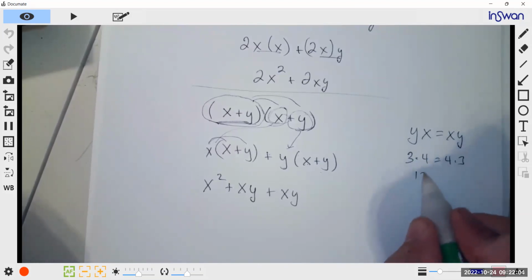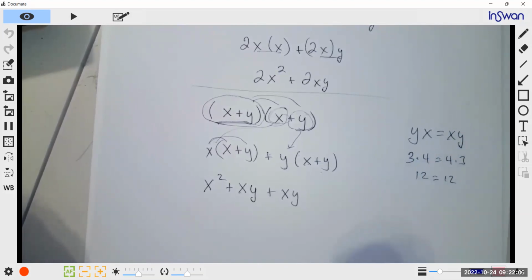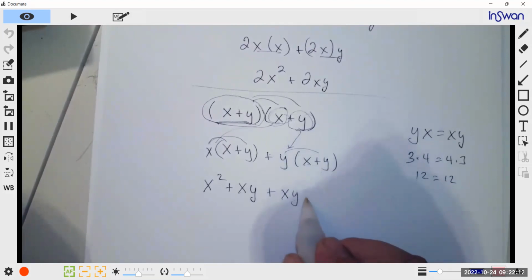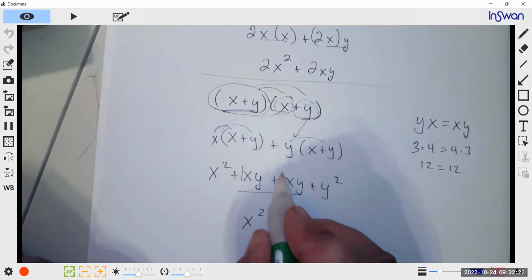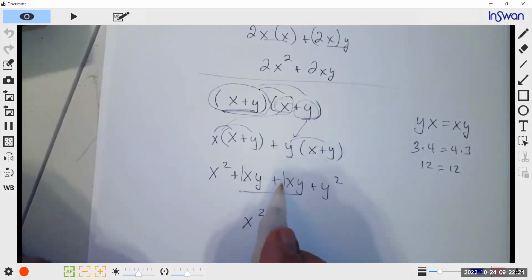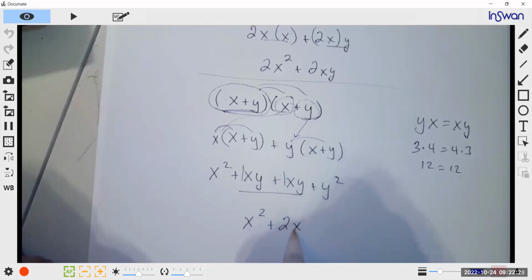They both equal 12. So y times x is xy. I just put it in alphabetical order. And then plus y times y is y squared. You get rid of the parentheses, combine like terms. You have one xy plus another xy. Remember, when you add or subtract, you change the coefficients. 1 plus 1 is 2.